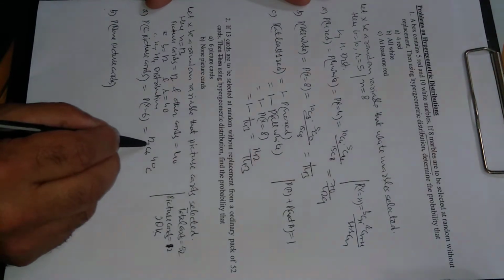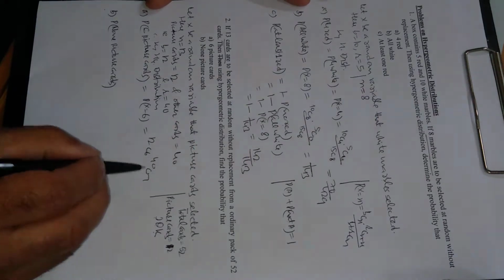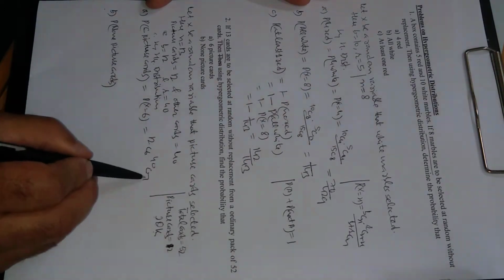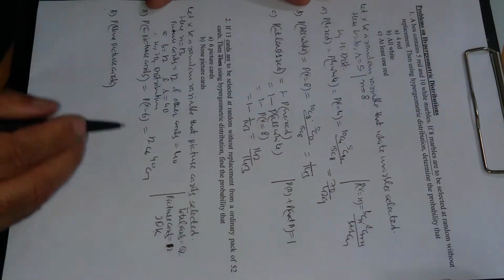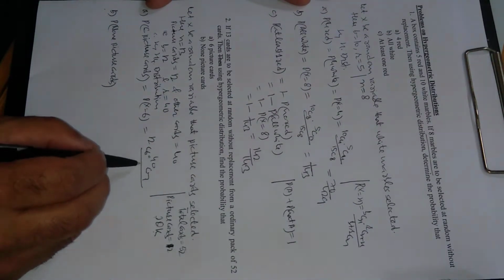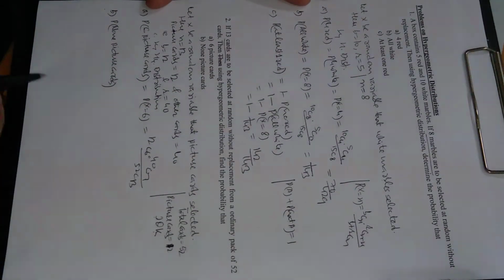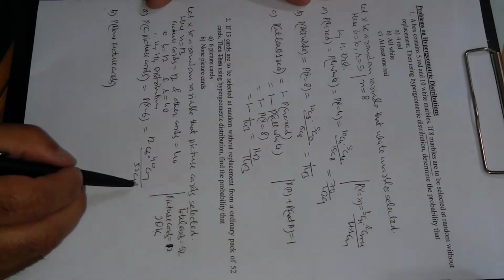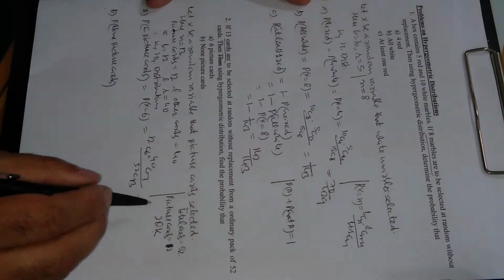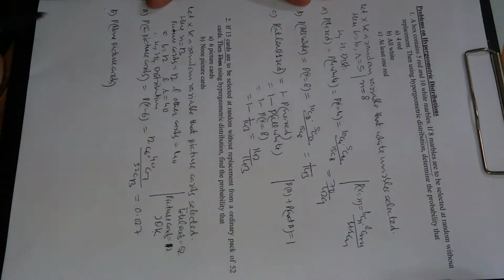How many are left? Because 13 cards, we are left with 7, n minus x. So 6 and 7 make 13, because total 13 cards we have to draw. And multiplication, because in this formula B plus R is 52 and we have to select 13 cards at random. On simplification this probability will come out to be 0.027.